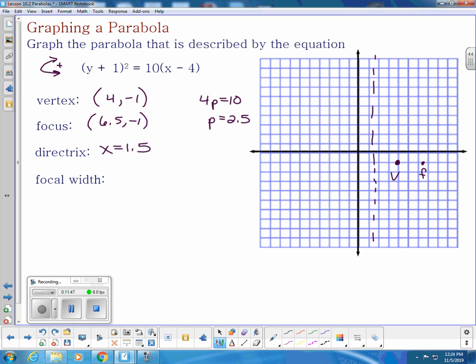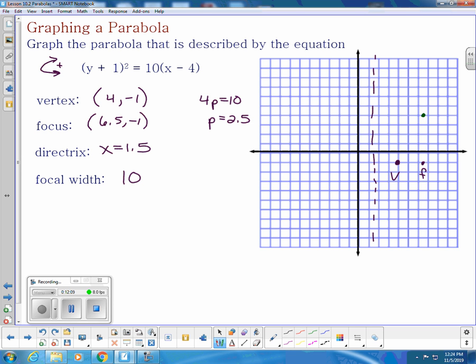Make sense? The first thing I always do is ask, which way am I going? Up, down, right, or left? Get that in your head first. Focal width is 10. So when I go to graph from my focal point, you're going to go up and down how many?